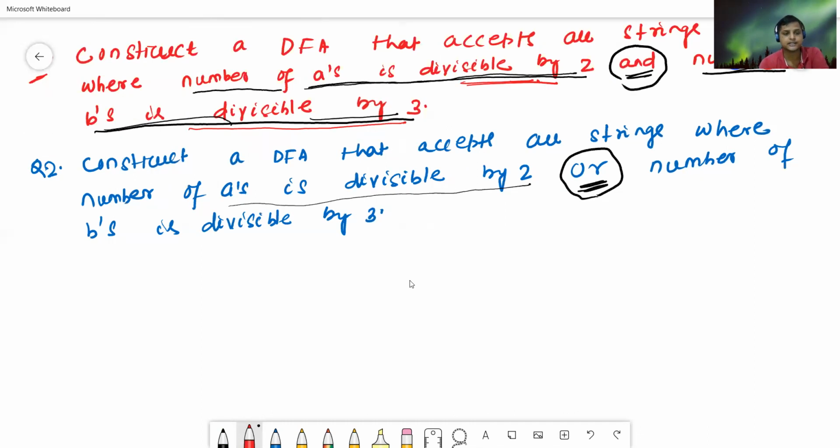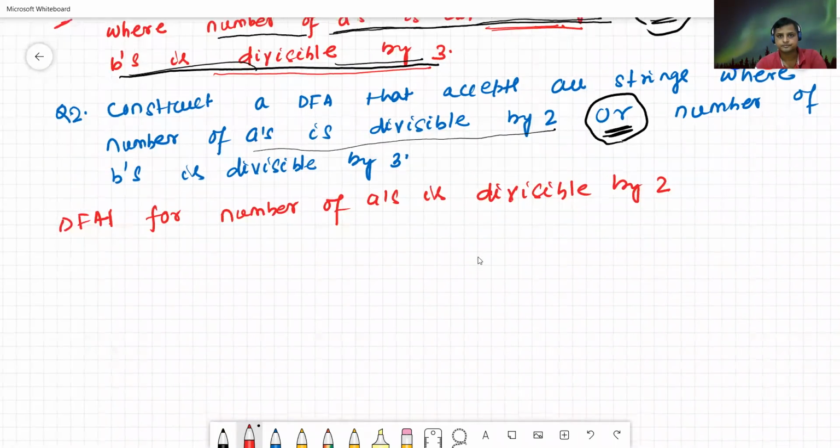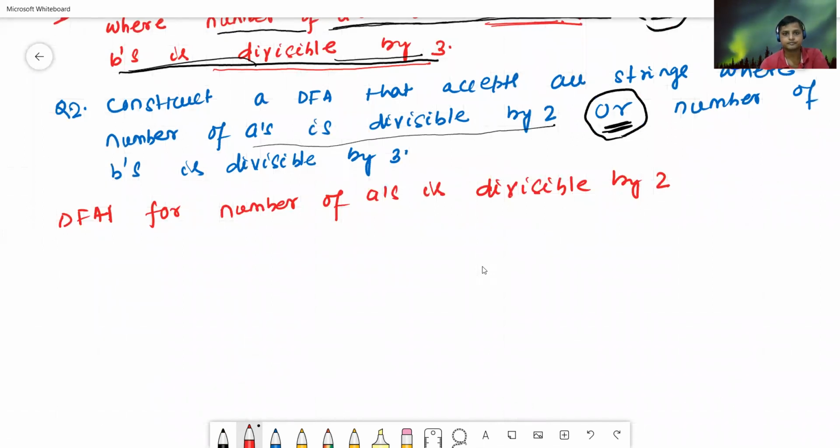So first we construct DFA 1 for the number of A divisible by 2. This is the first step.